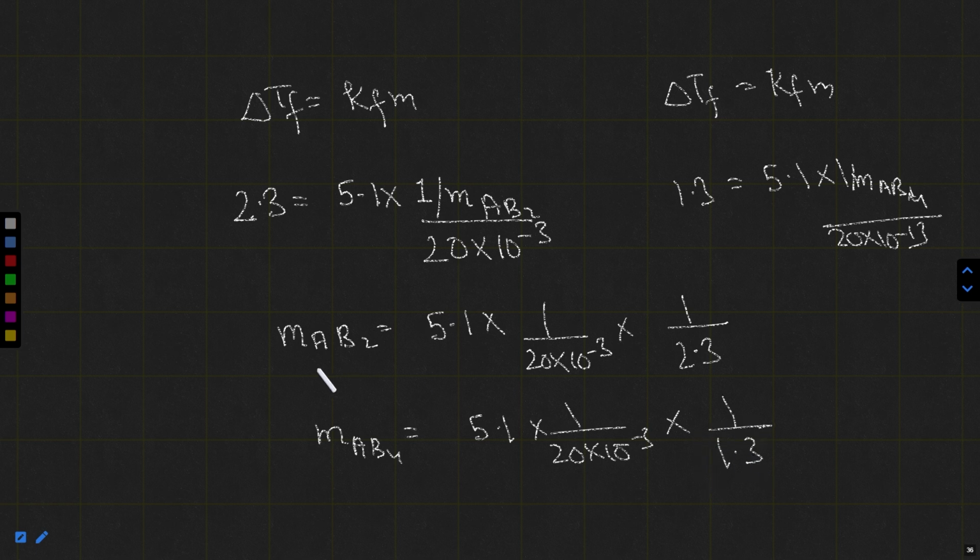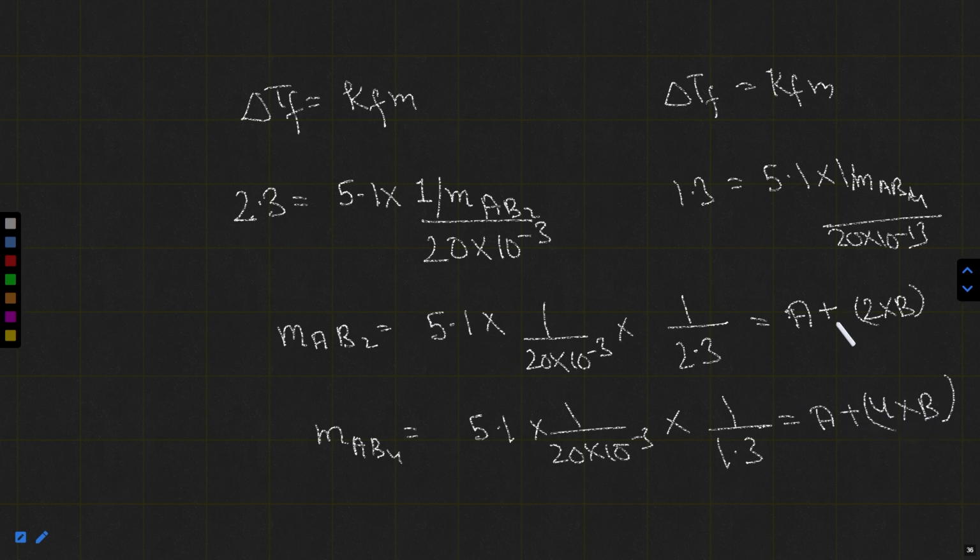Now, how will we calculate the molar mass of AB2? That would be atomic mass of A, I am representing it with A, plus 2 into atomic mass of B. So that would be our molar mass. Similarly, here also it would be A plus 4 into B.